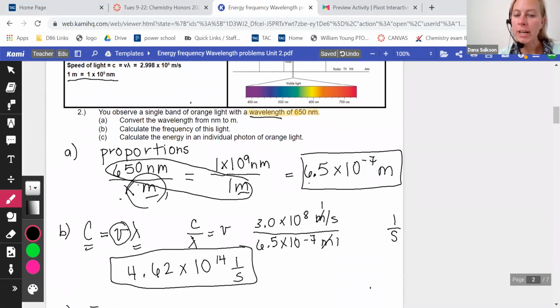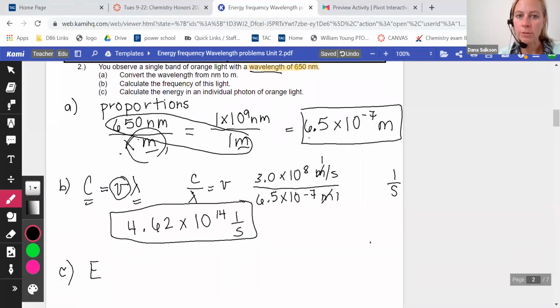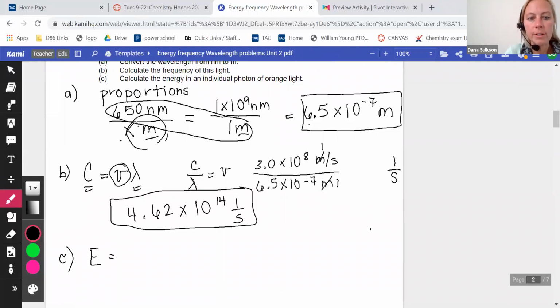Nowhere here did I talk about energy levels. I've only given you frequency or wavelength. You were given wavelength, and you calculated the frequency. So in this information, we can use the equation of Planck's constant times frequency.